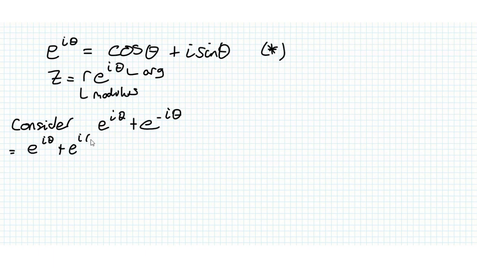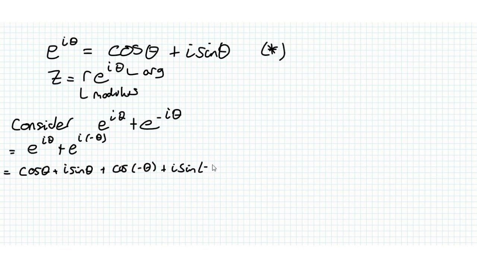And the reason I've written it like that is now we can use our top result. e to the i theta is equal to cos theta plus i sine theta, and that gives us, in the first term, cos theta plus i sine theta, and then we get plus cos minus theta plus i sine minus theta.